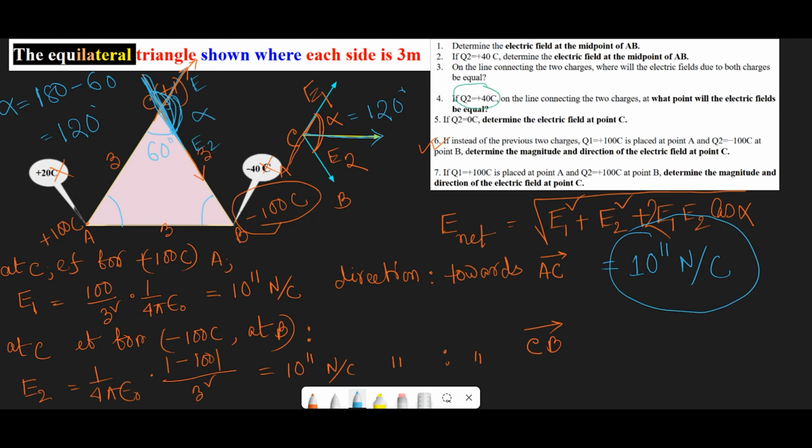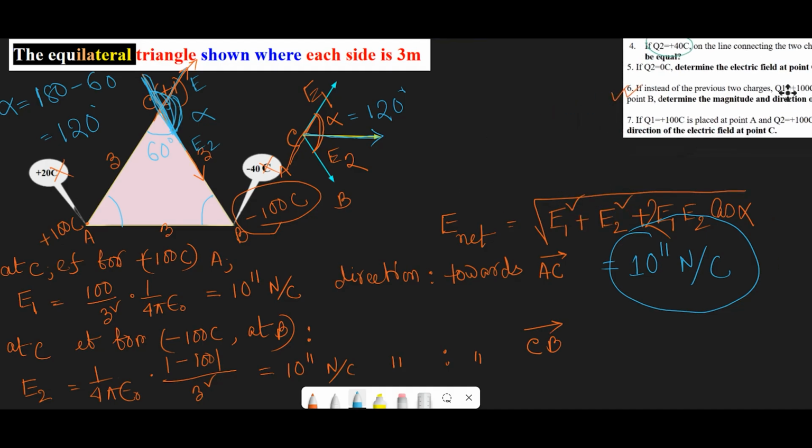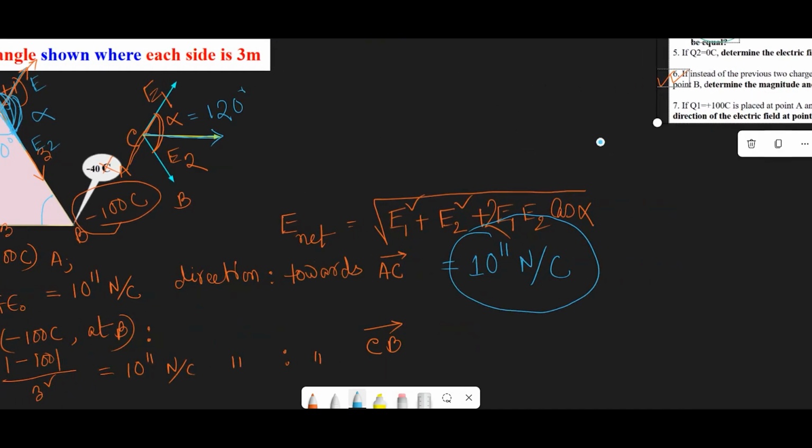Now it is time to find the direction, right? So tan theta. Now theta, let's say the reference vector is E2. So from E2 the net electric field will be this one. So this is theta. So tan theta equals, which one is the reference?